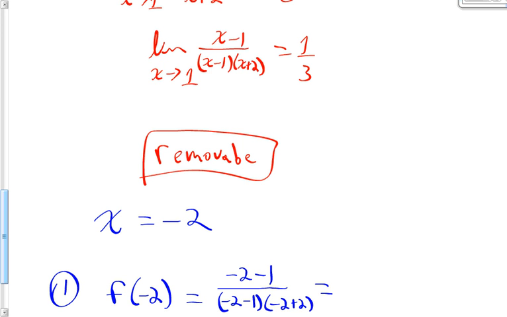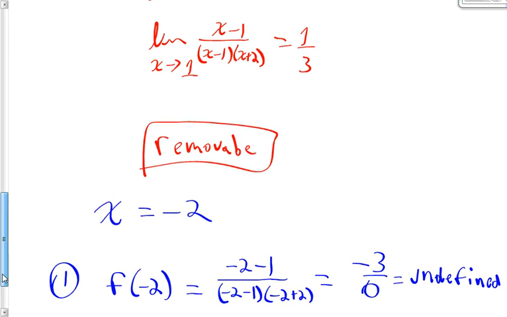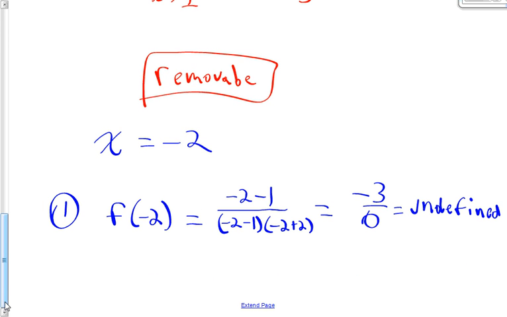So I get -3 over 0, which is undefined. So I also have a discontinuity at x equals -2.